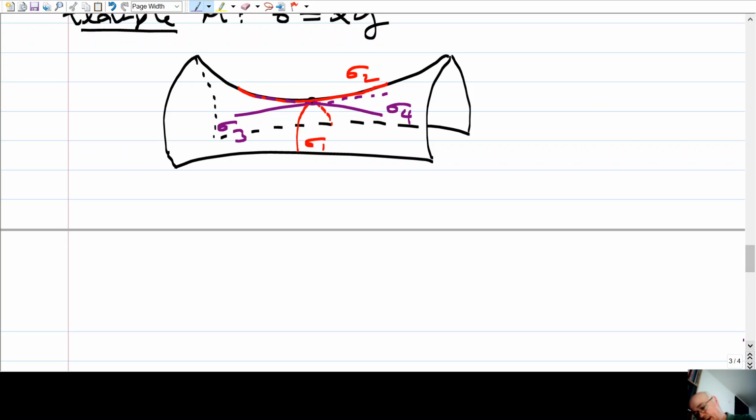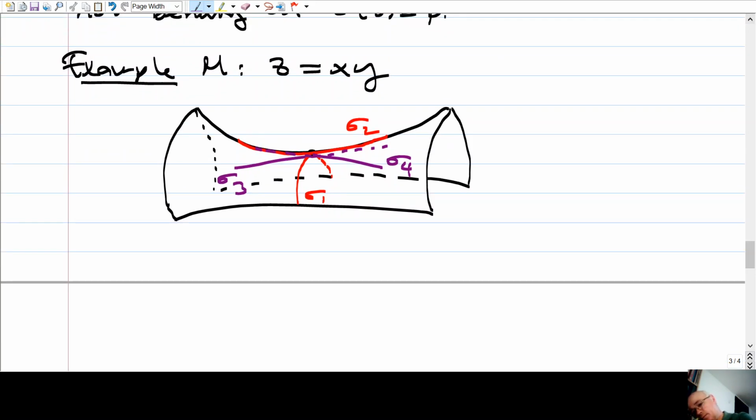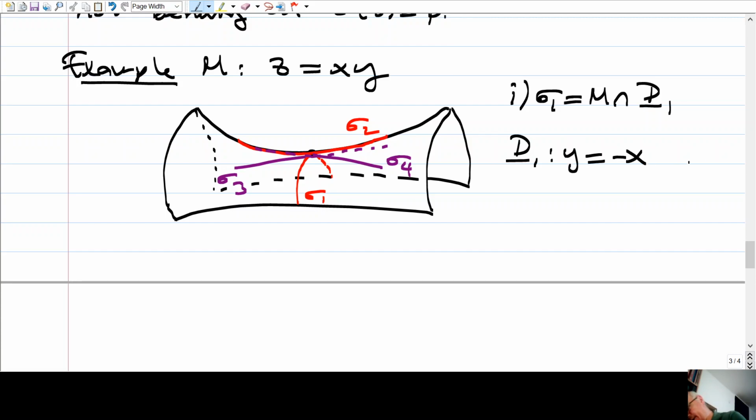Okay, what are these? Let me just tell you what they are. So first one, sigma 1, this is just M intersection P1, and P1 is the plane given by y equals minus x.